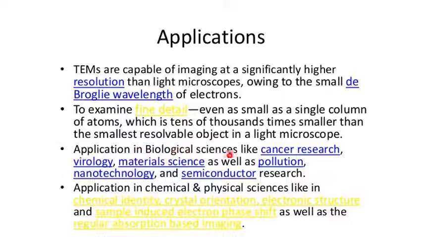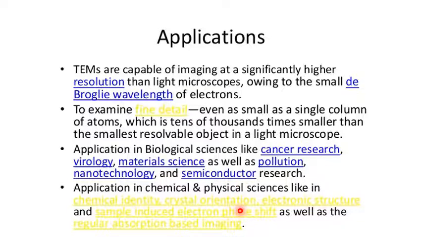Applications in biological science like cancer research, virology, material science. We are studying an inorganic chemistry course which is related to material science, as well as pollution, nanotechnology, semiconductor research.